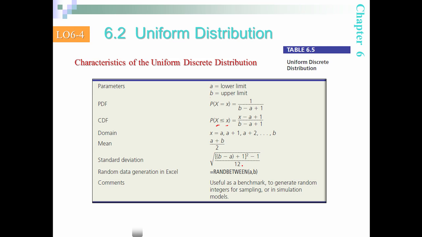And in Excel we can randomly generate these things if we use RANDBETWEEN(a, b). We're not going to use that function, but I will point out that there are lots of functions already built into Excel that allow us to deal with some of these random variables.